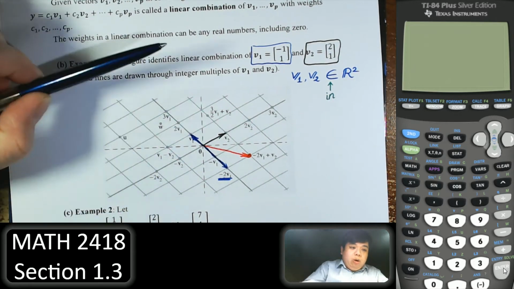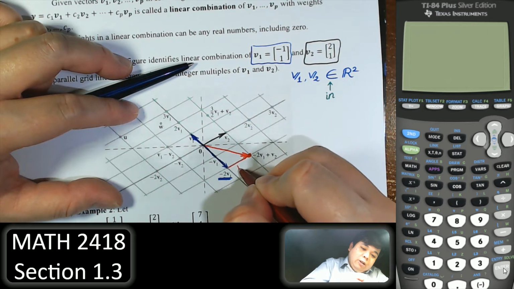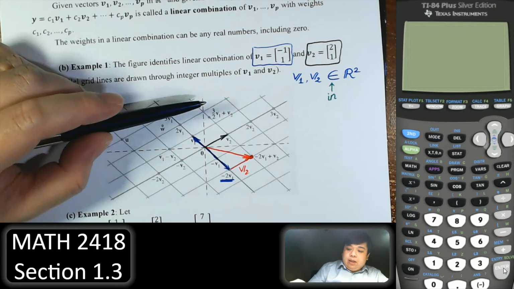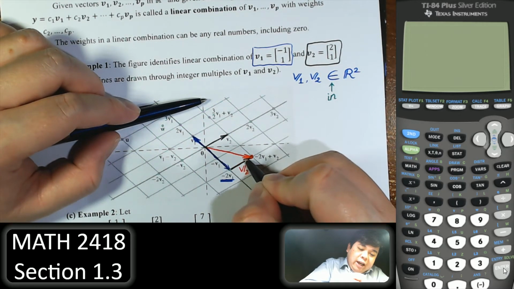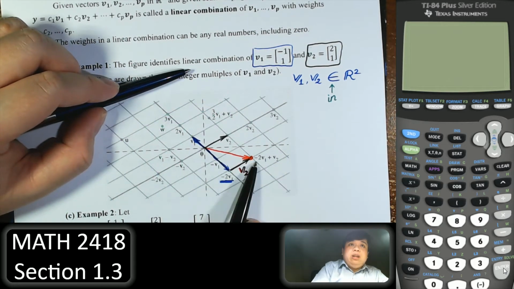And then we go v2. These vectors are the same because they point in the same direction and they have the same length. So in that case, we say negative 2v1 plus v2 is going to be this vector.